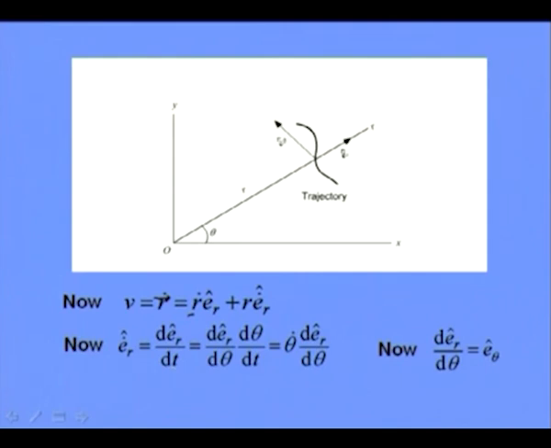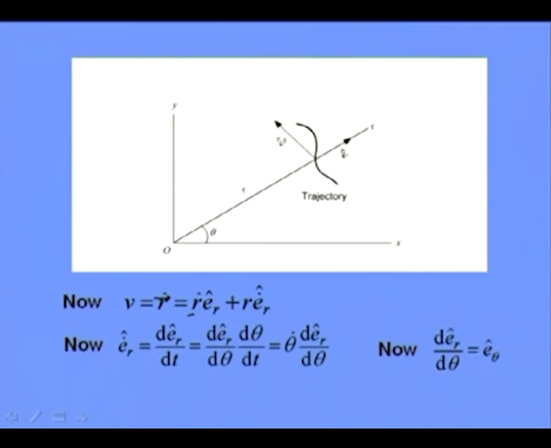The derivative of er can be written as der by d theta into d theta by dt, that is equal to theta dot times der by d theta. Now der by d theta can be written as e theta.